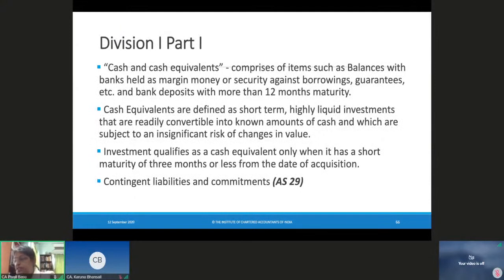It will be non-current, and it should not be taken in the trade payables. It could be because of a statutory obligation, again for acquiring property, plant and equipment, intangible assets and things like that. So it should be accordingly disclosed.